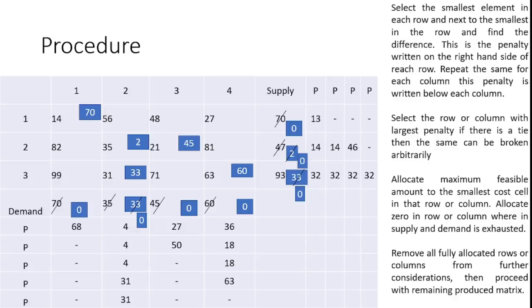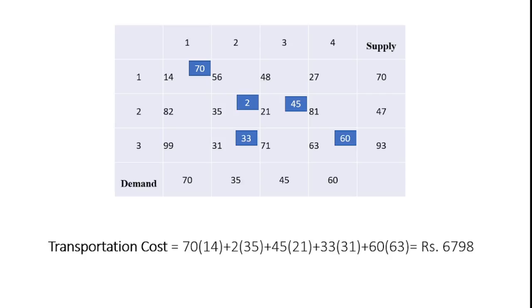So from this I can get the transportation cost. Here I remove all fully allocated columns and rows from the transportation table. Finally, I can get the values available in the transportation model table by Vogel's approximation method.